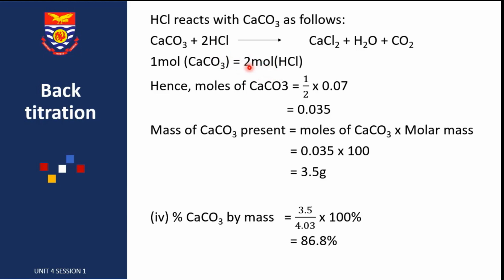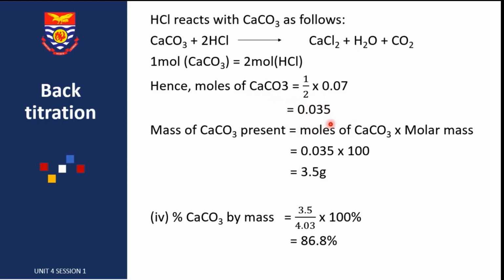It means that moles of calcium carbonate will be 1/2 times the moles of the HCl that was consumed. In other words, if 1 is equal to 2, then X is equal to 0.07. When we do that, we get 0.035 moles of the calcium carbonate.